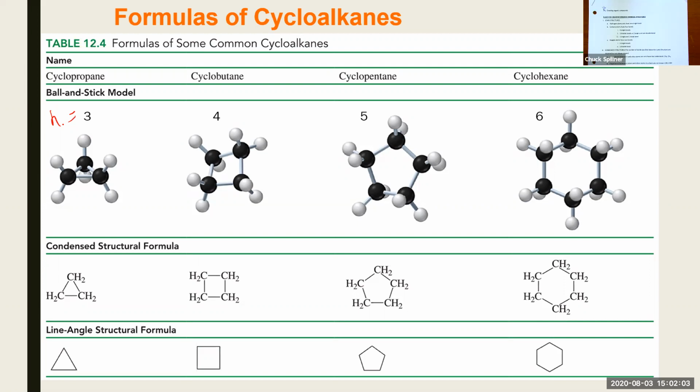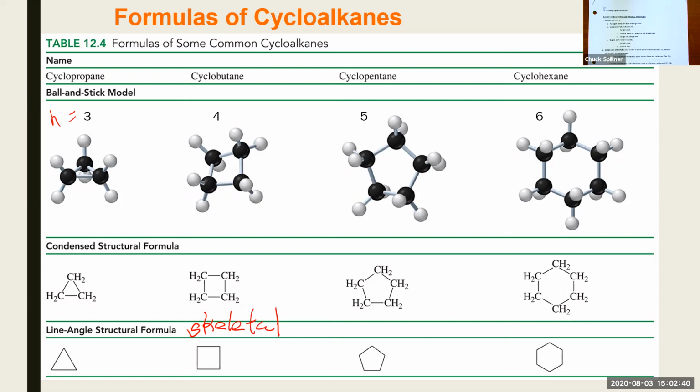This first row shows a picture of a ball-and-stick model, which is commonly used to look at structures of organic compounds. In this row down here, we have the condensed structures that I showed you before. And in the last row, we have what is called the line angle or the skeletal structure. So this is the skeletal structure at the bottom.